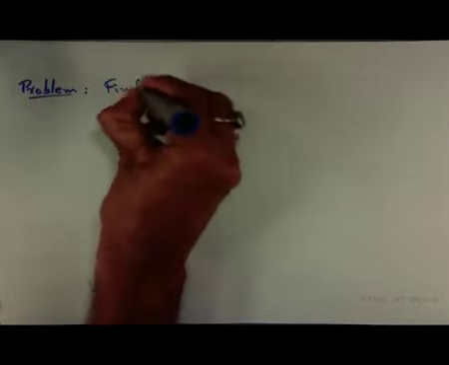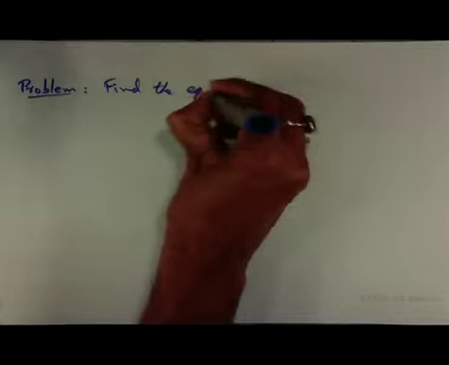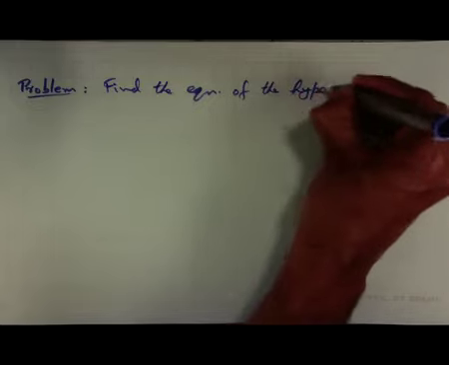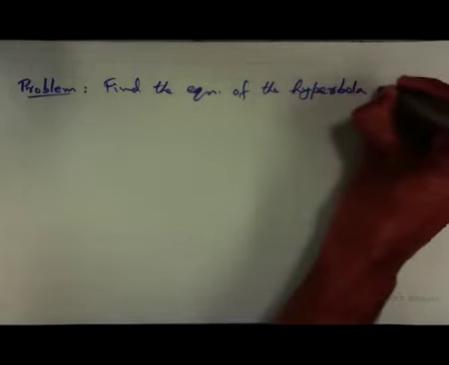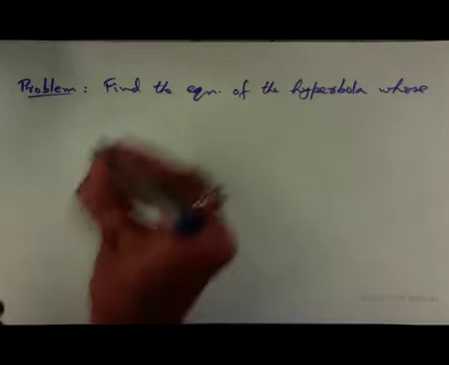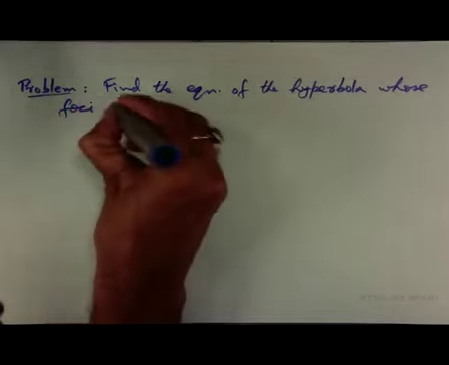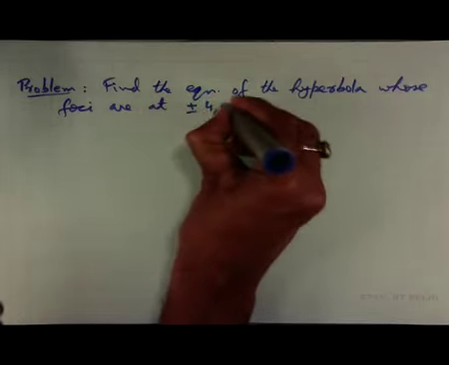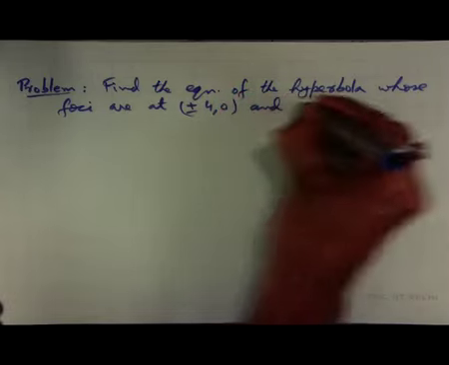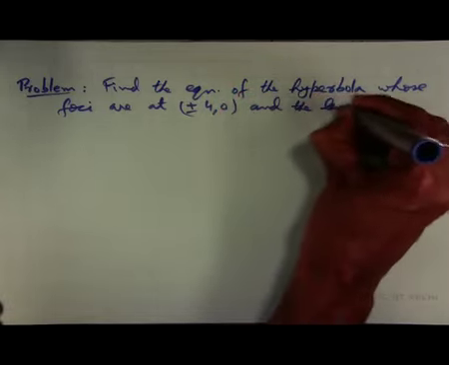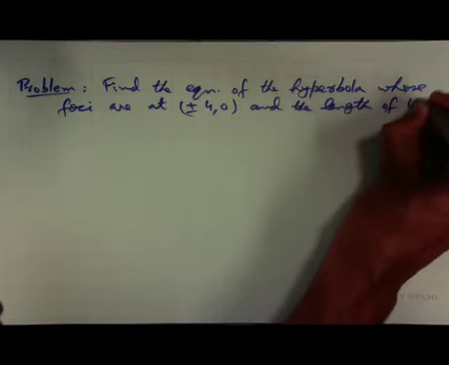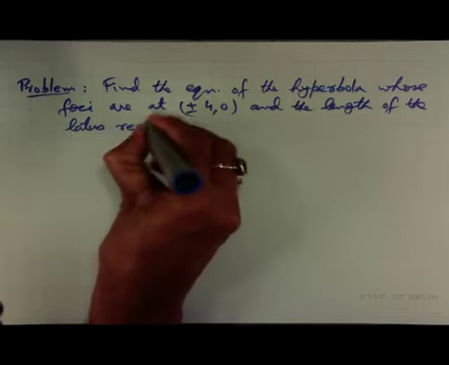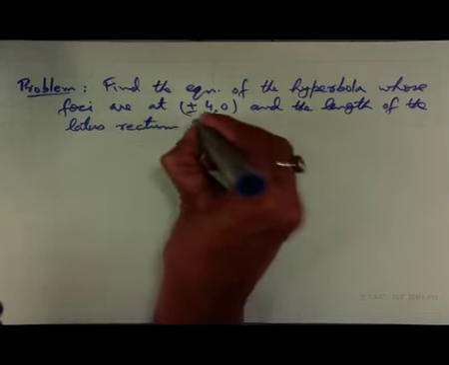Find the equation of the hyperbola whose foci are at plus minus 4, 0 and the length of the latus rectum is 12.